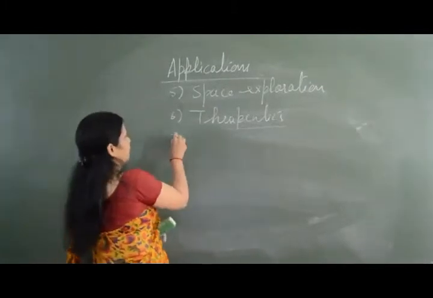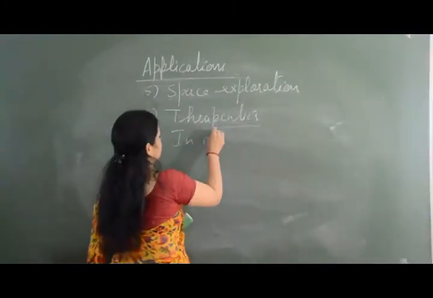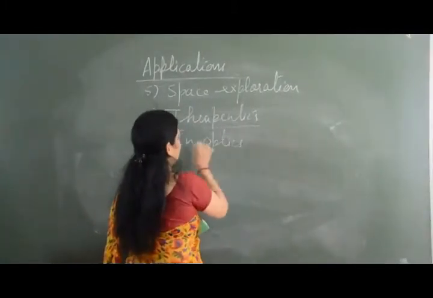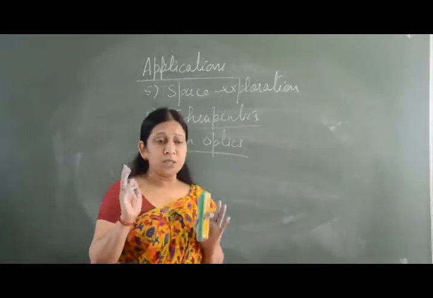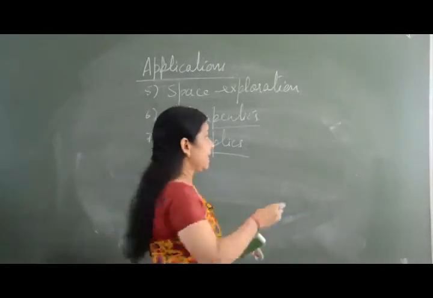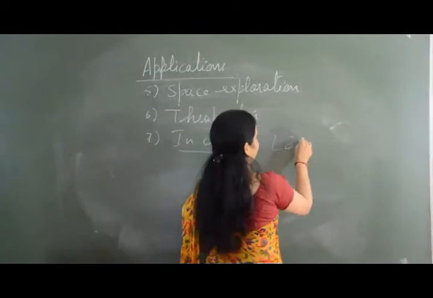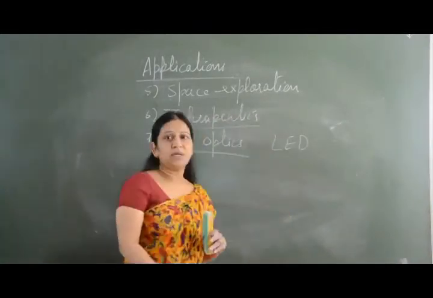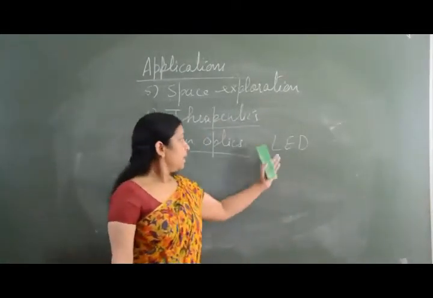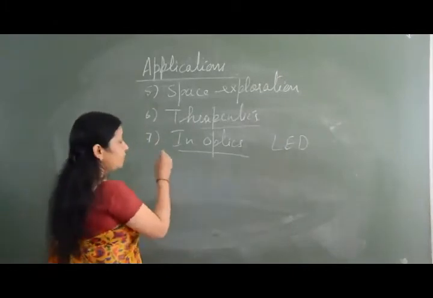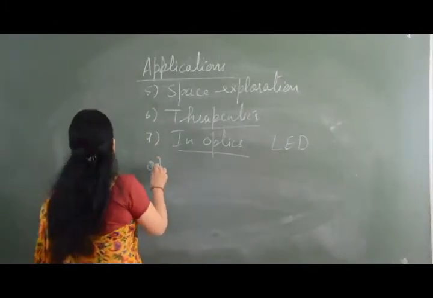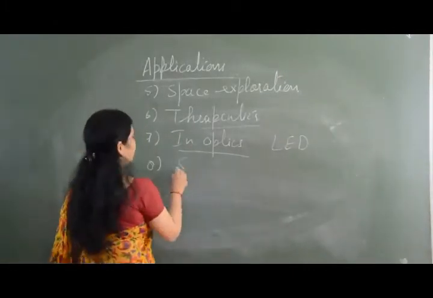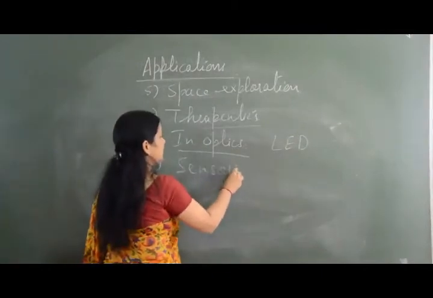The next application is in optics. In optics now we are using it as LEDs. So this is the application of nanomaterials. The next application of nanomaterials is in sensors.